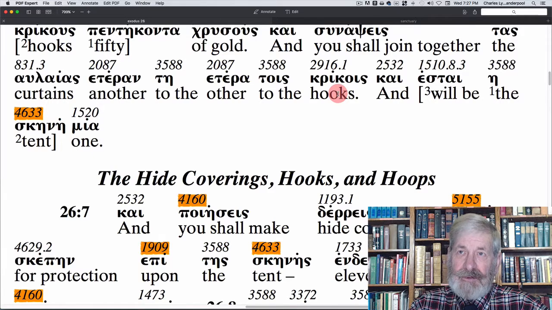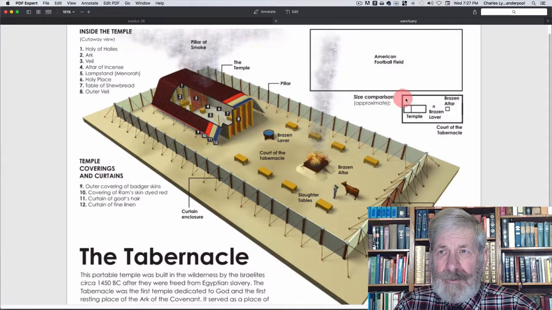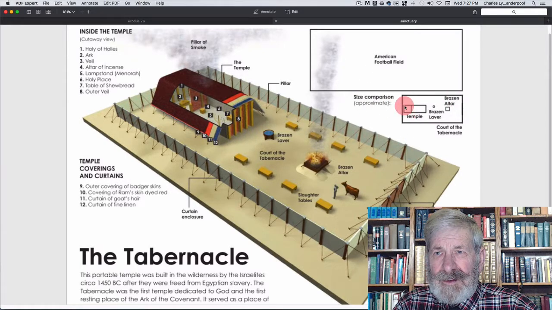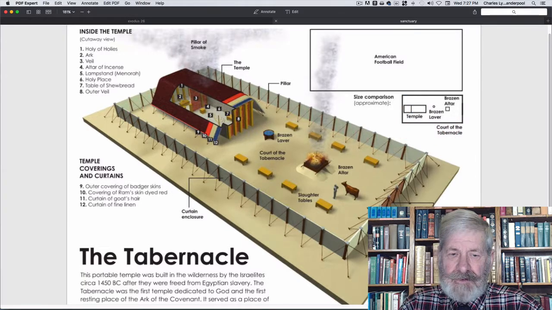If it is, it would be 200 feet. And here we have the temple, so that in the size of a football field is 100 yards, 300 feet. So that would be about 100 feet here. So I don't know where these dimensions, 200 foot, 10 foot long by 3 rows.